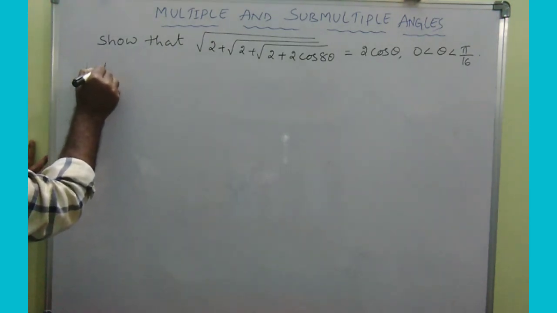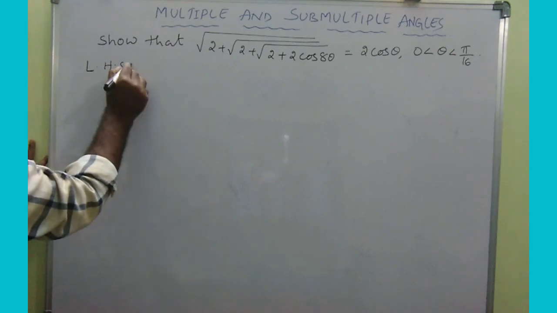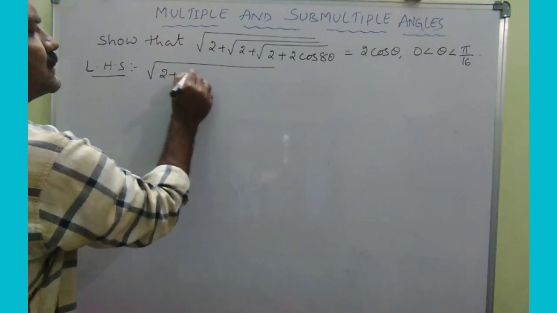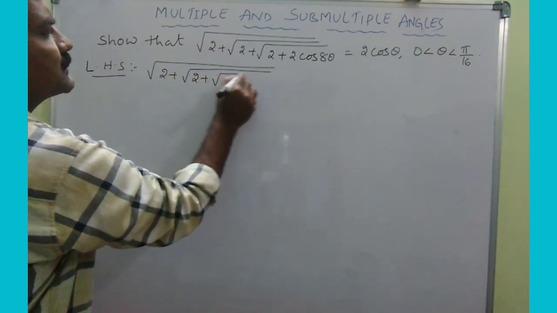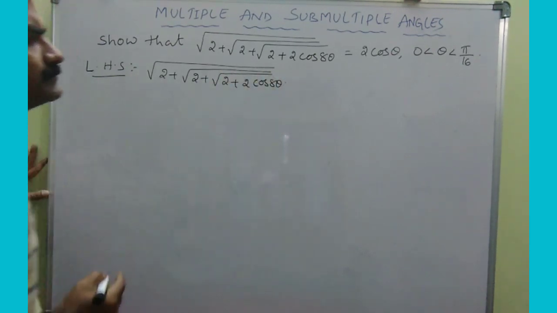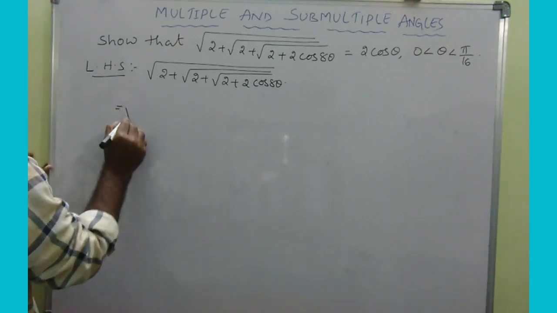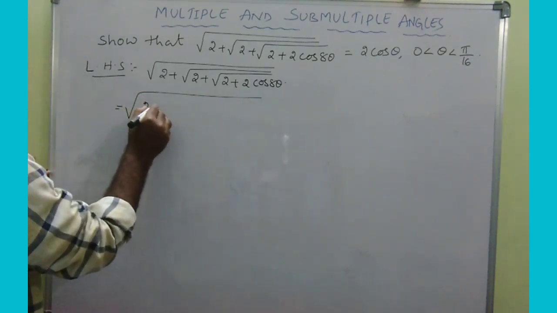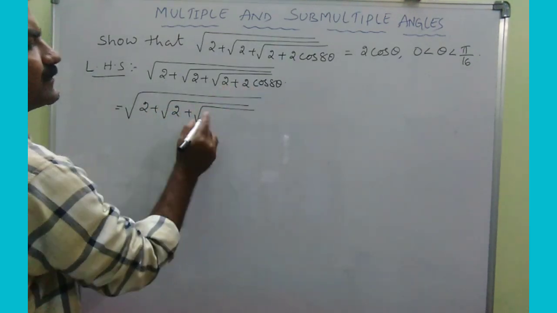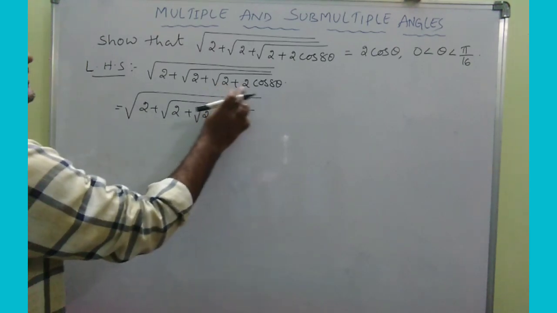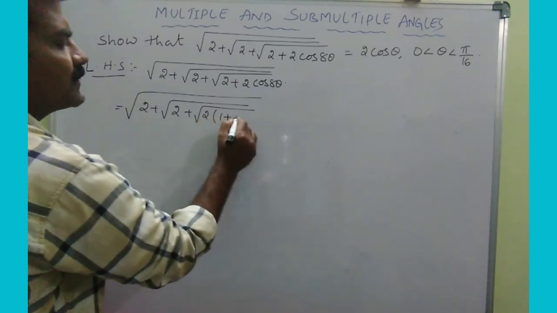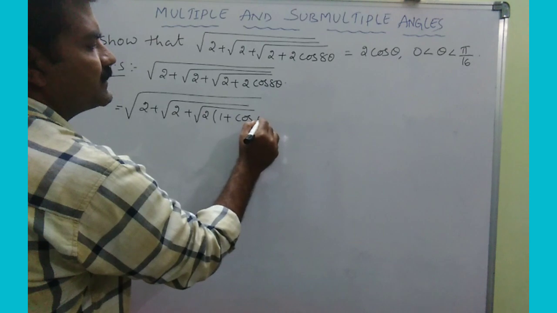Let us take the LHS first of all. That is root of 2 plus root of 2 plus root of 2 plus 2 cos 8 theta. Coming to the next step, these two please do not disturb, and here we can take 2 common in the last square root. If you take 2 common, then 1 plus cos 8 theta, isn't it?